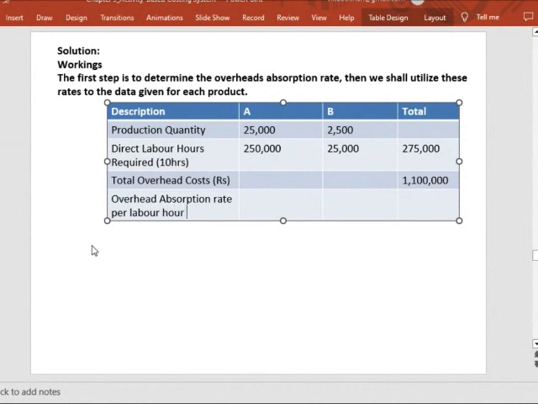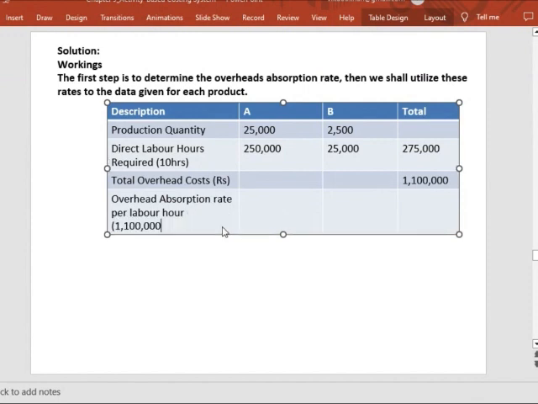And so, how are we going to calculate that? Very simply, we are going to take our total overhead divided by 275,000. Okay, so this should give me 4 here.